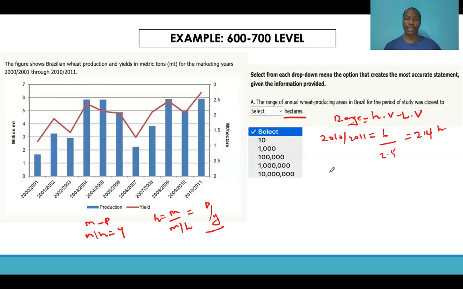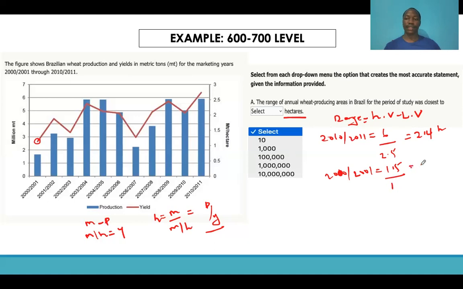Then the lowest value here is for 2000-2001. The production in that period was approximately 1.5, and the yield in that period was approximately 1 million metric tons per hectare.